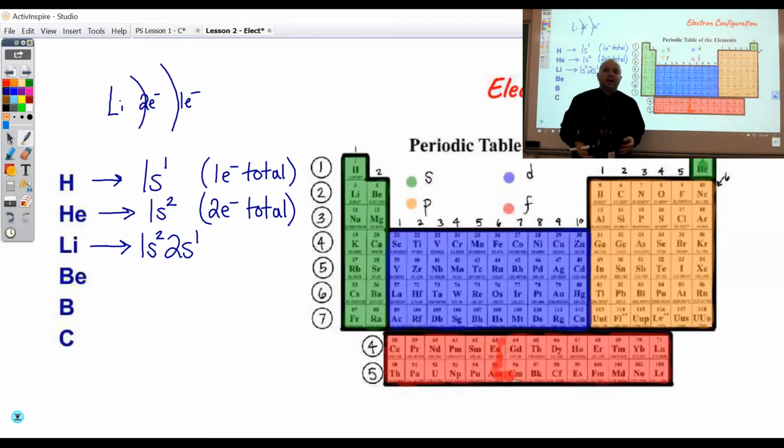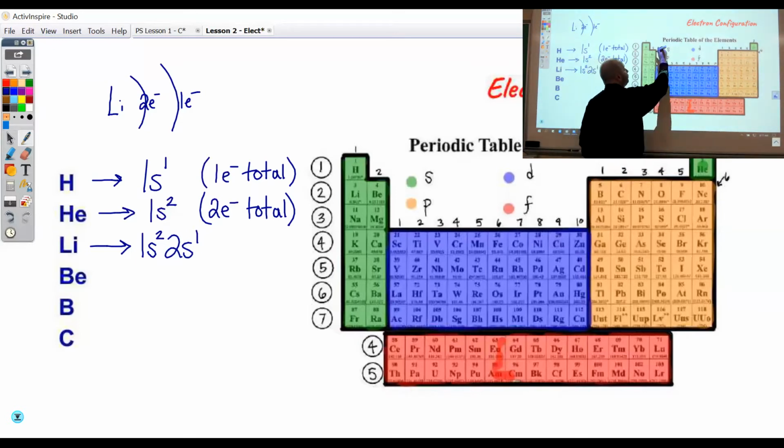A good way to think about this is that anytime you complete an energy level, so you move from first to second or second to third, all the way on the right side, or anytime that you complete a sublevel, so you go from S to P or from S to D, you're going to write down that number, and that number will become part of every element that comes afterward.